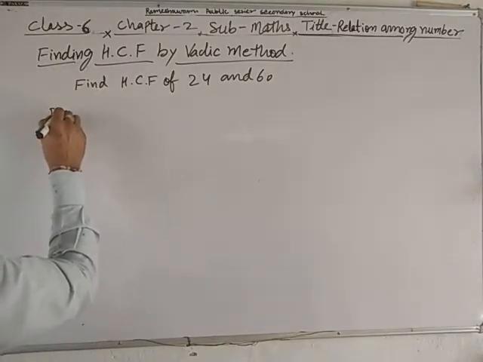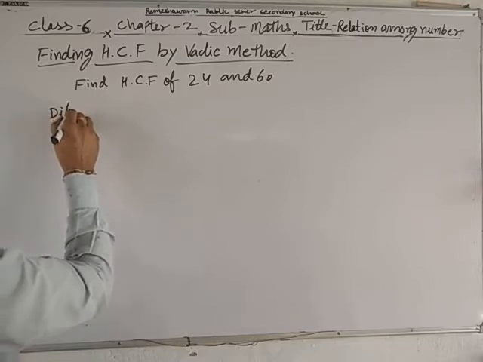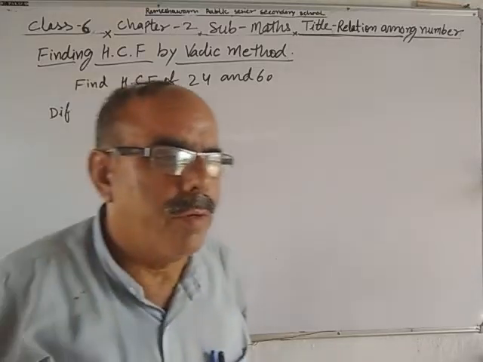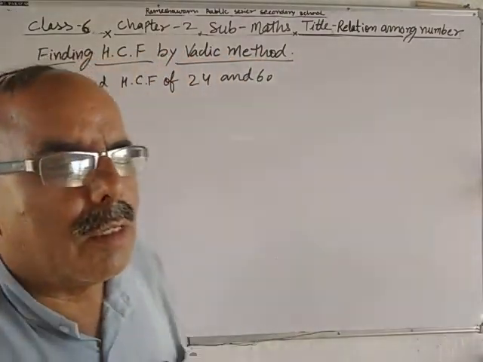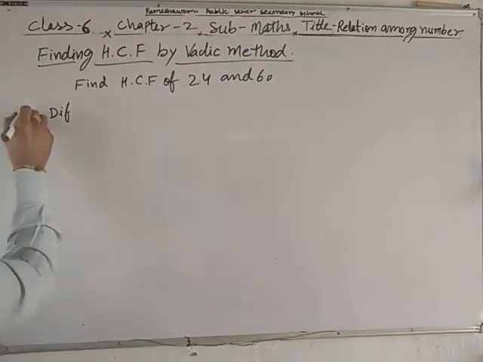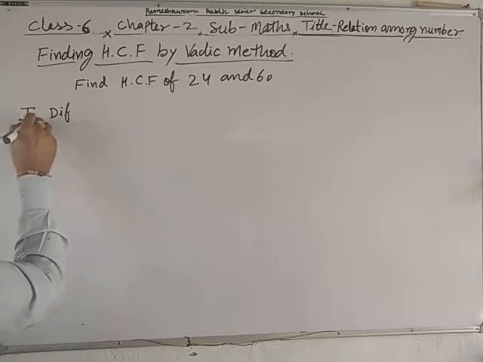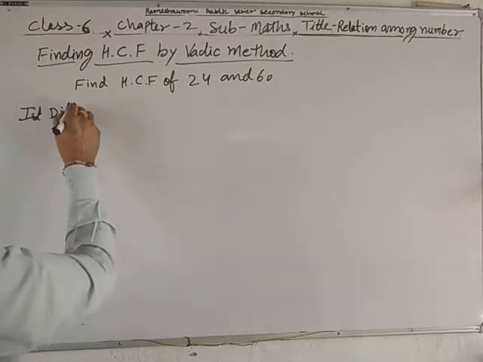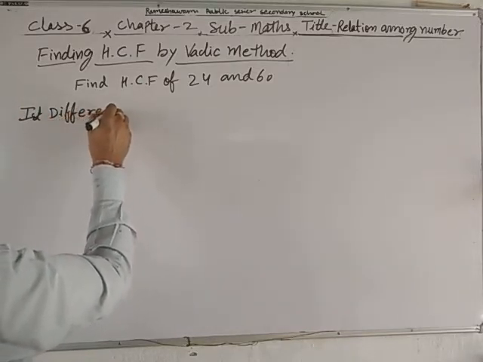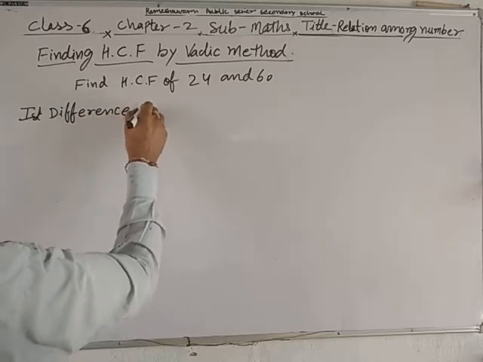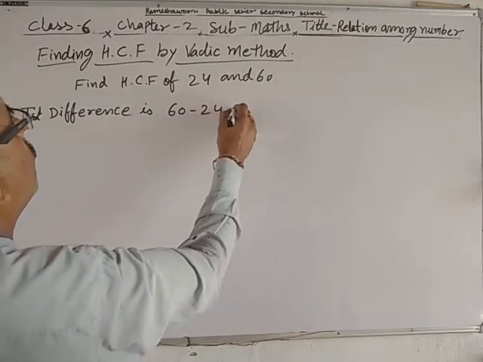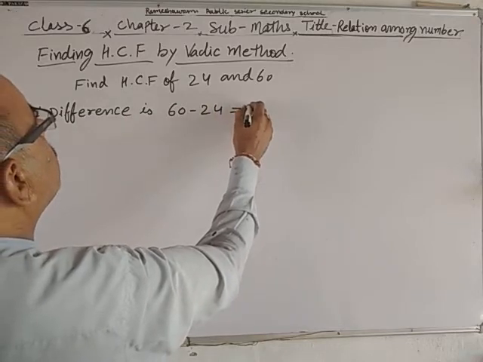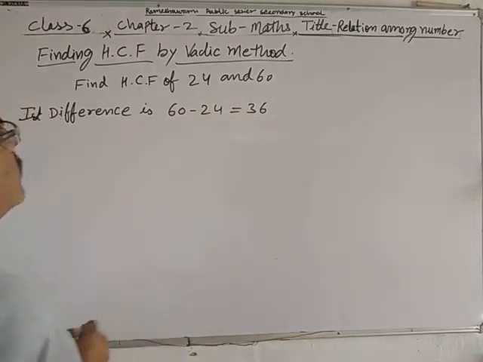Difference. The first difference is 60 minus 24 equals 36.